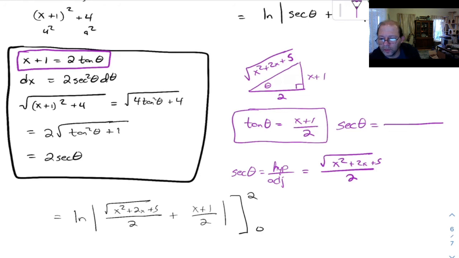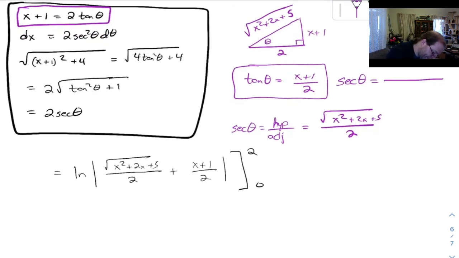All right, well, let's plug in the 2. When you plug in the 2, let's see, what do we get here? We get 4 plus 4 is 8 plus 5 is 13. And then you get 2 plus 1 is 3 over 2.